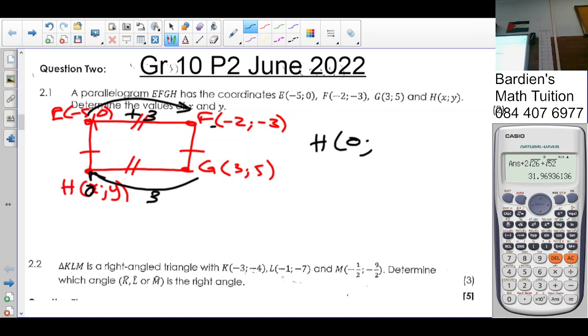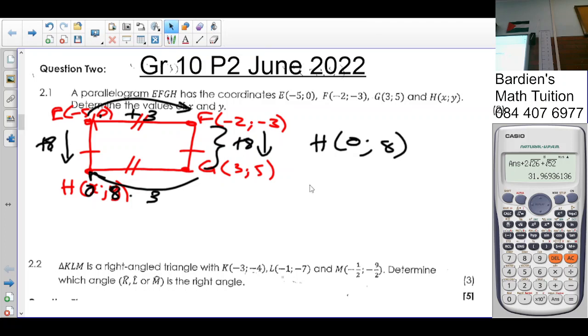And then if I move from F to G, I'm affecting my y. So in this direction, I'm adding 8. So I must add 8 in that direction. It's going to give me 0 plus 8 is 8. So the answer there is (0; 8).